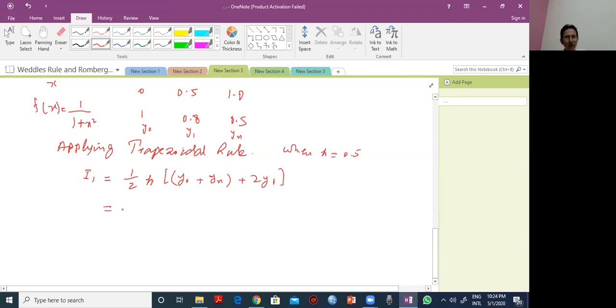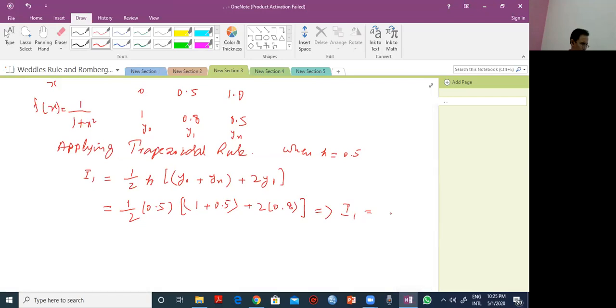So when we put 1 upon 2, h is 0.5, y0 is 1 plus 0.5 plus 2 times 0.8. When we apply the calculator, the value of I1 is 0.775. This is the first integral value when h is 0.5.